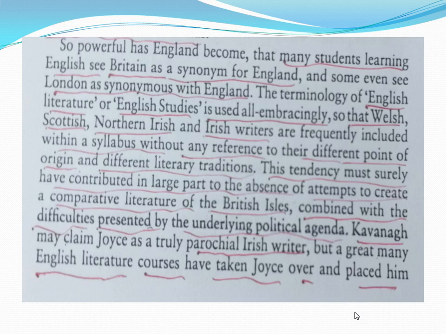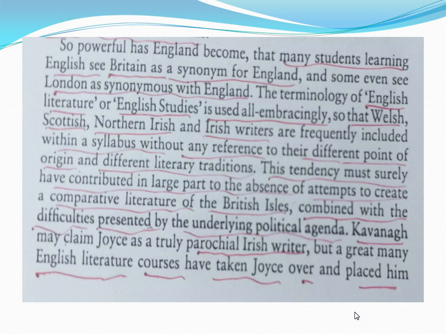This tendency must surely have contributed in large part to the absence of attempts to create a comparative literature of the British Isles, combined with the difficulties presented by the underlying political agenda. So the literature of Scotland, the literature of Ireland, all literature are included and called English literature. Okay. Is it okay or not?